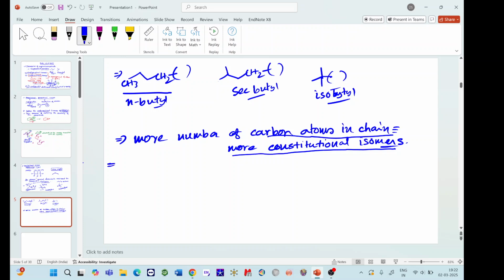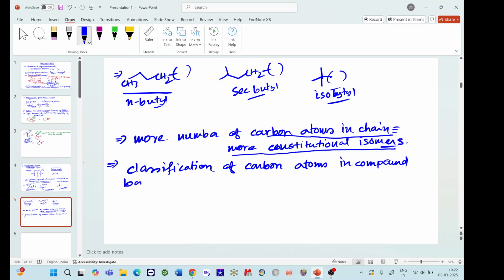So that's one part. Now we have a classification of carbon atoms in a compound based on their connectivity.